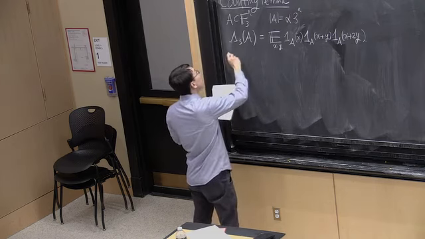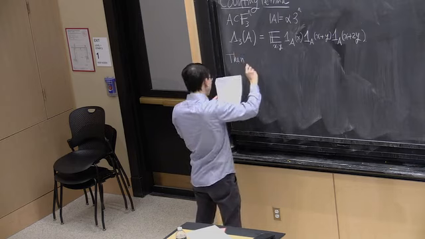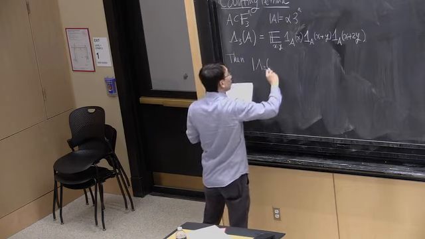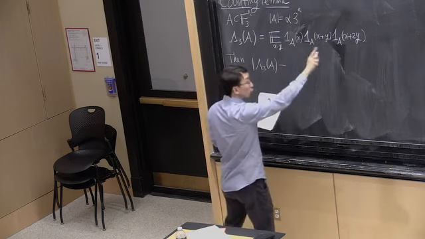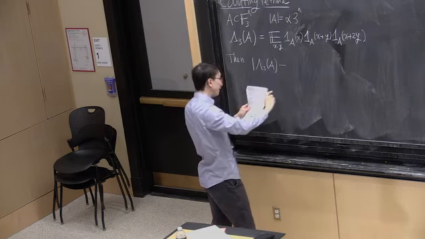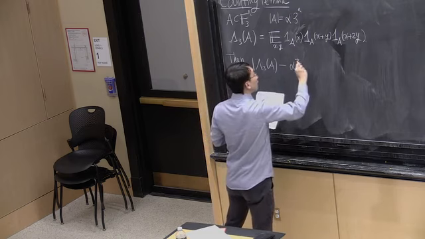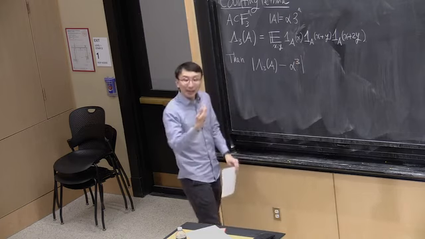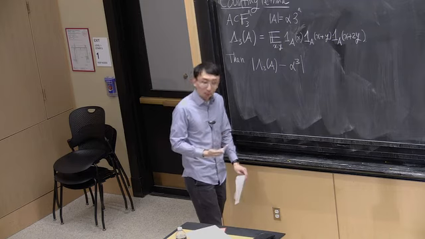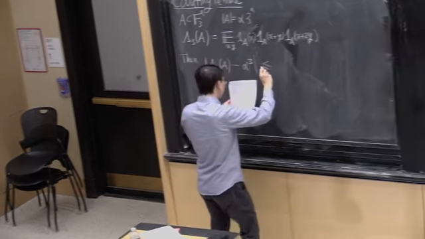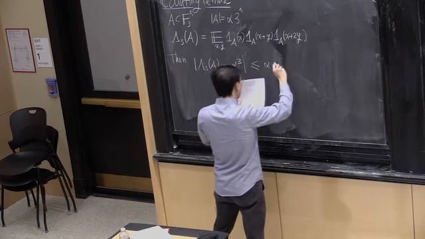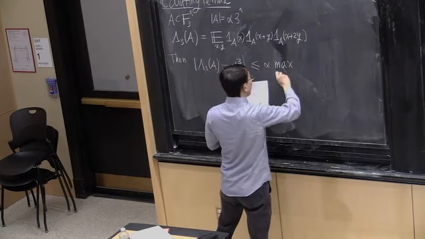So the counting lemma says that this normalized number of 3 APs in A, so including trivial 3 APs, right? So this is a nice analytic expression, differs from what you might guess based on density alone. This difference should be small if all the non-zero Fourier coefficients of A are small.